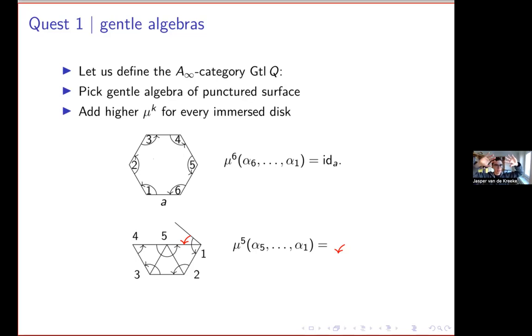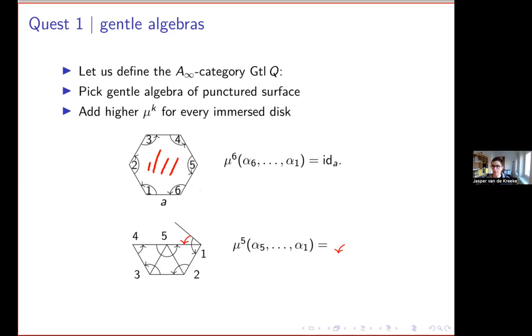Remember that a gentle algebra, GTL(Q) here, is a combinatorial gadget. So you have polygons and you can stitch multiple polygons together. Whenever you have a sequence of angles which runs around one polygon or multiple polygons, as I've drawn here, then you get a higher product. For instance, here the mu6 is just an elementary polygon.